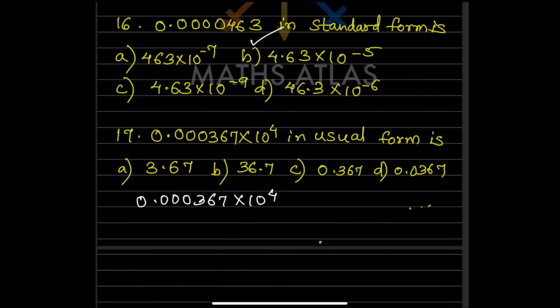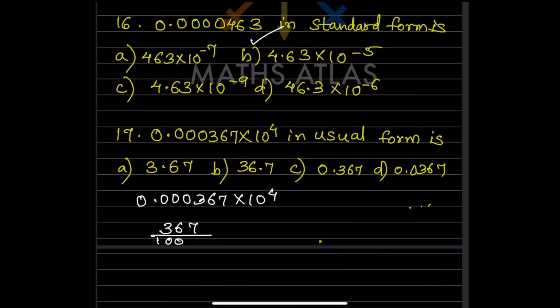We can also write this as 367 divided by, and here there will be 1, 2, 3, 4, 5, 6, six zeros, into 10 raised to 4, which means we can write 1, 2, 3 and 4.